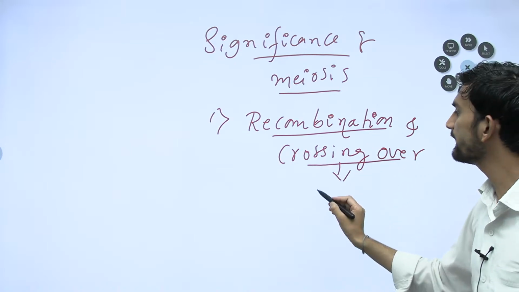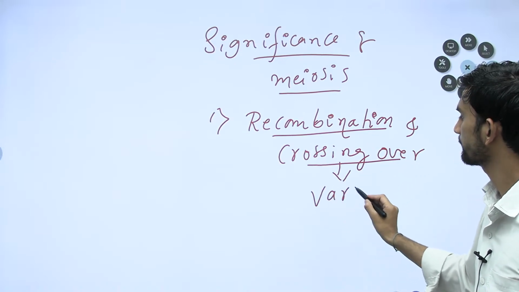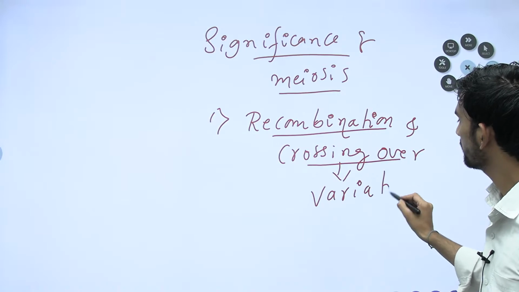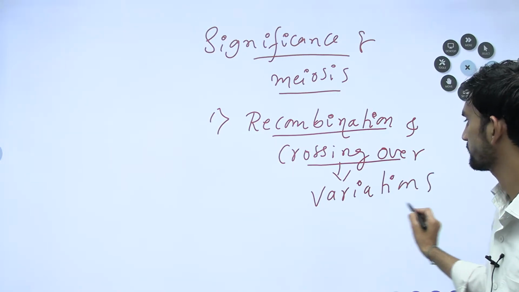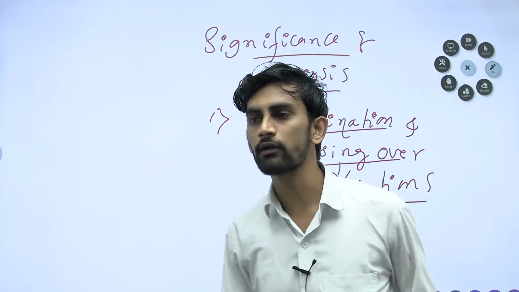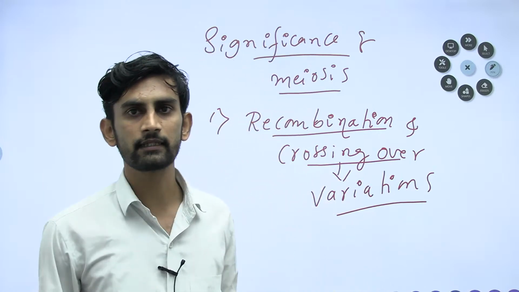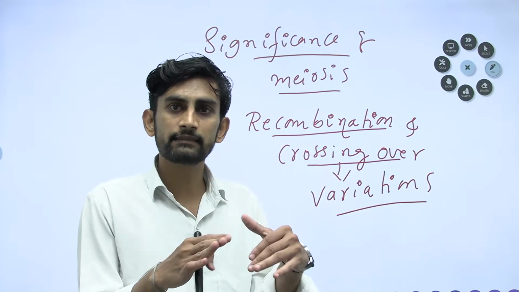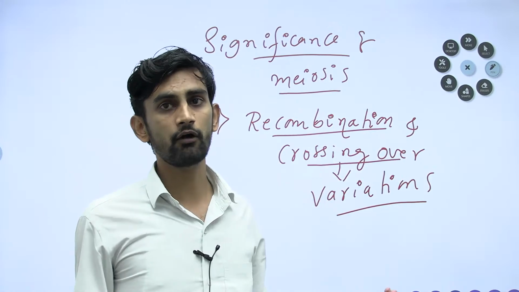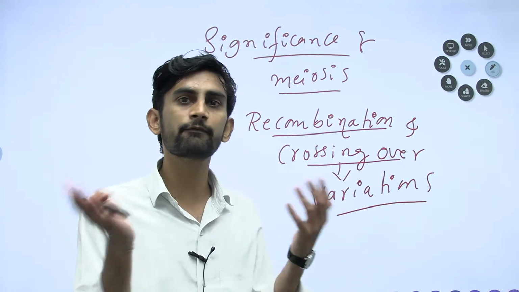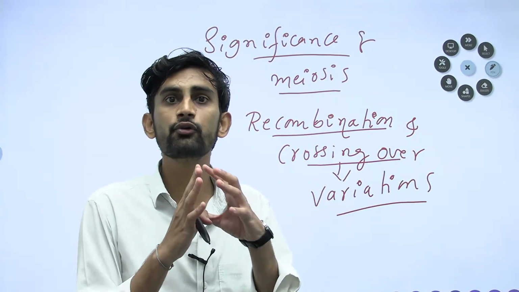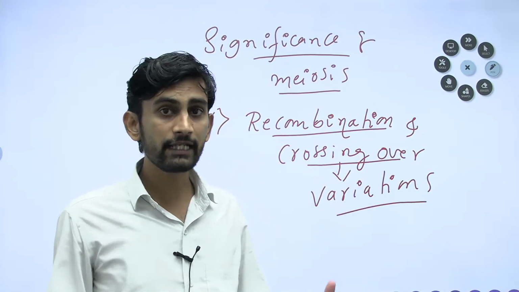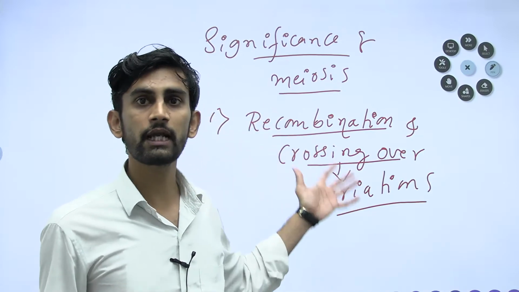Crossing over leads to variations. Variations in the sense that in all sexually reproducing organisms, offspring usually differ from their parents. Why? Because of variation due to recombination and crossing over.